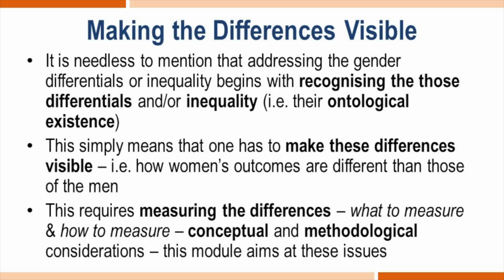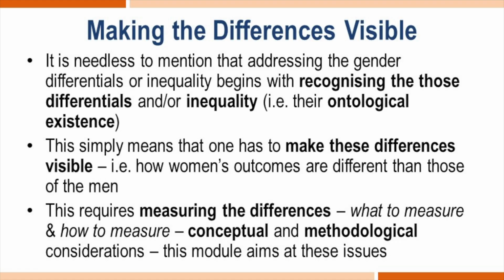Now, it is needless to mention that addressing the gender differentials or inequality begins with recognizing that those differentials or inequality exist, which we call ontological existence. At first, we need to understand there is an existence of the difference.